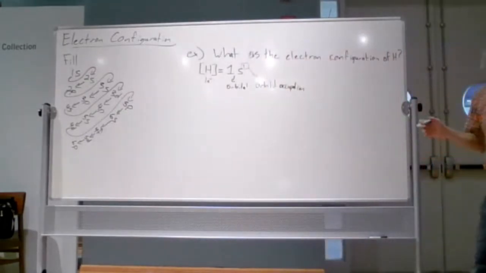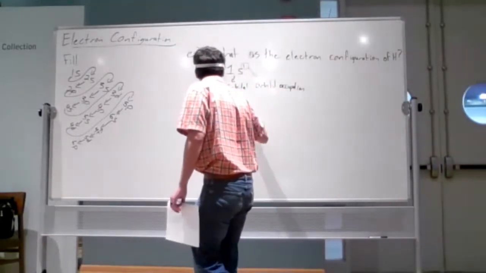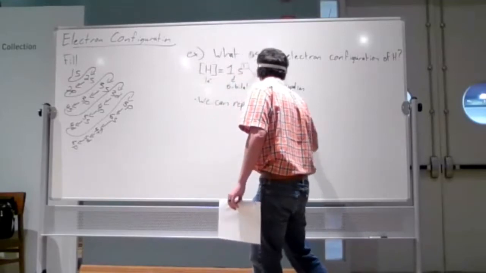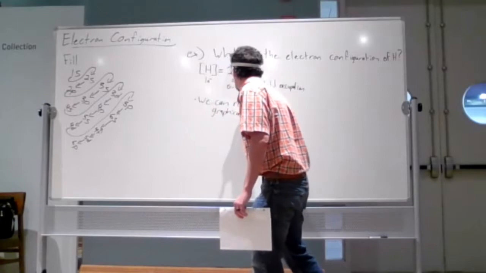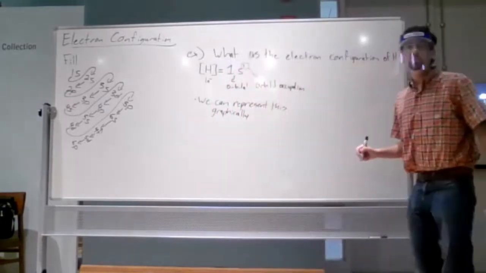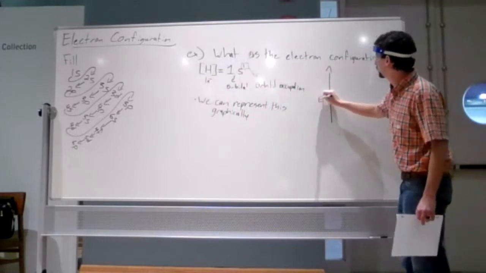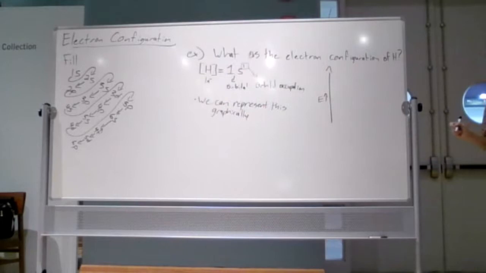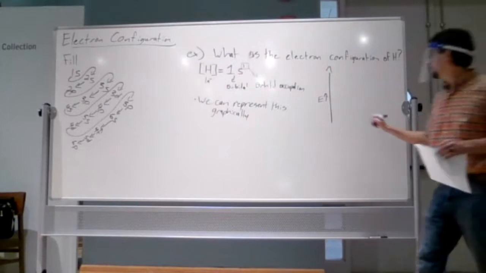We can represent this graphically. We need an axis, and we label that axis with energy. Then we indicate the orbital we're looking at. What's the only orbital we have in this case? Yep, the 1s.